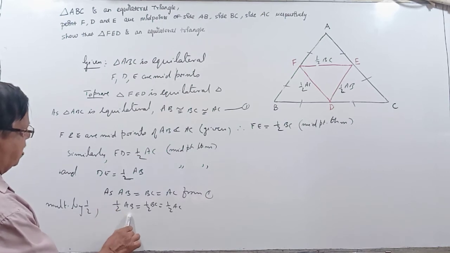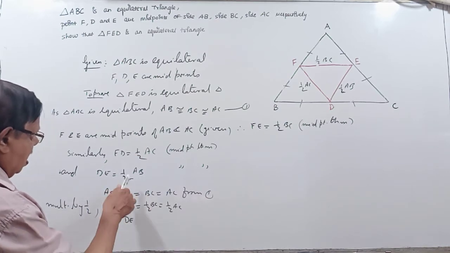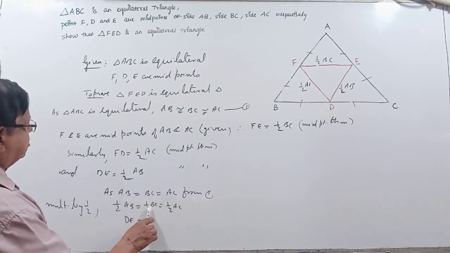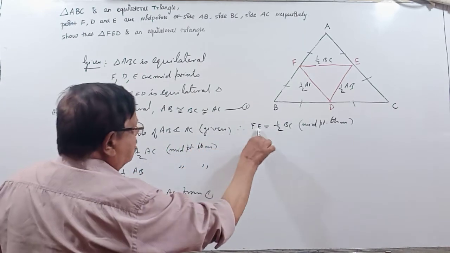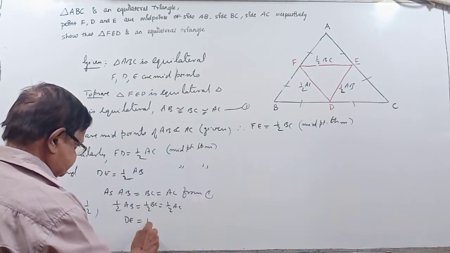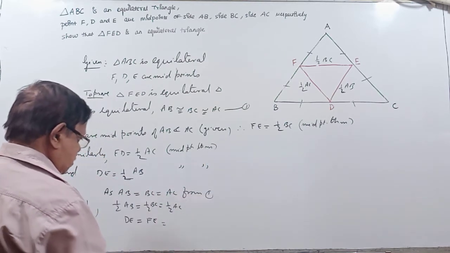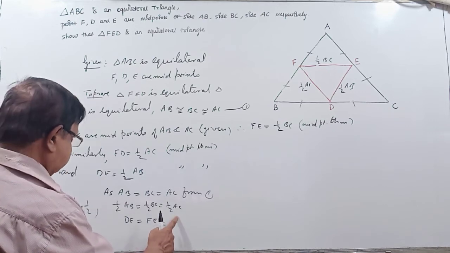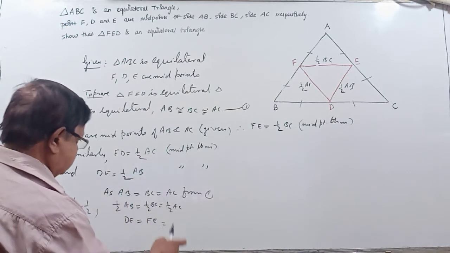What is half AB? Half AB is equal to DE, equal to half BC. Where is half BC? Half AC is here. Half AC is equal to FD.